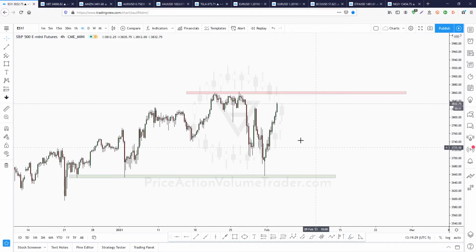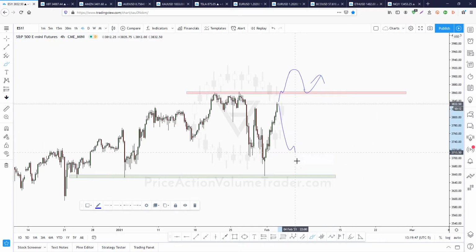So now in the future, if price would break out of this with a clean breakout, I would wait for a pullback, and then this is an area of interest of mine to buy for a bounce.